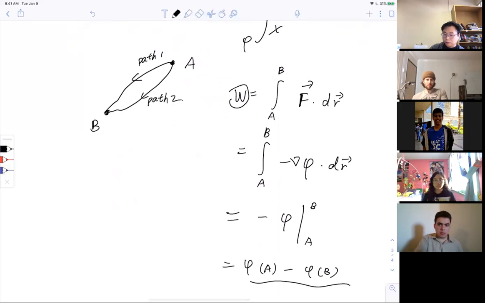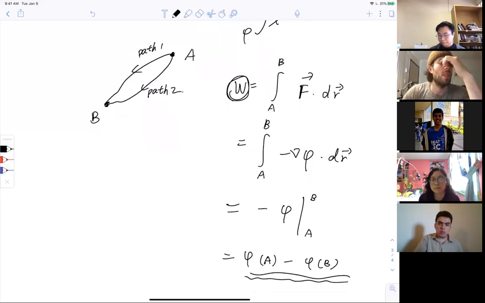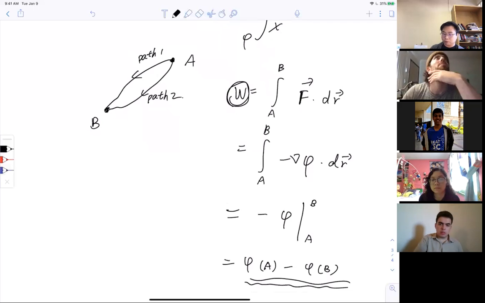So the work done by this force is equal to the reduced potential energy. It's independent of the path. It only depends on the starting point and the end point.